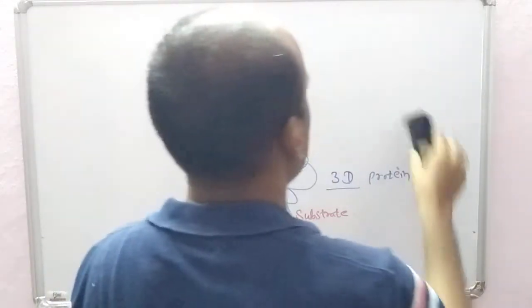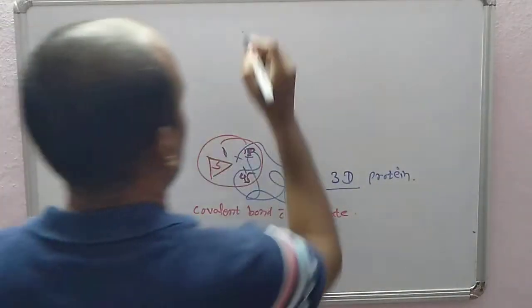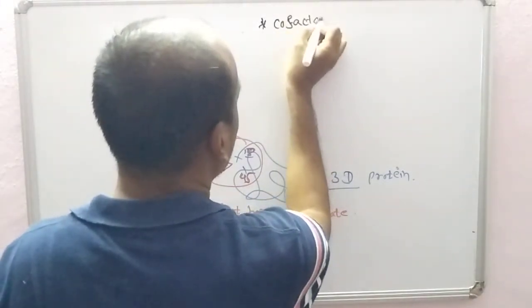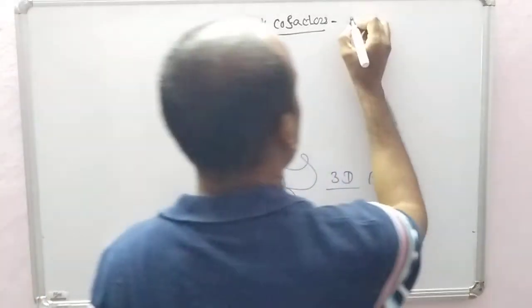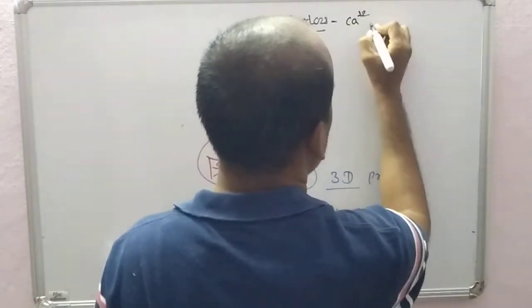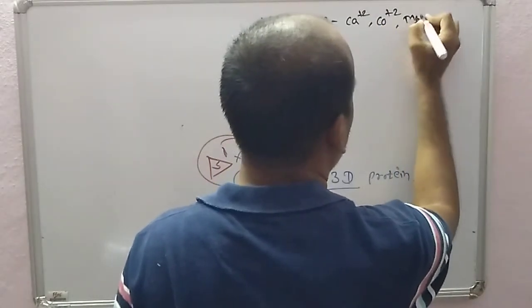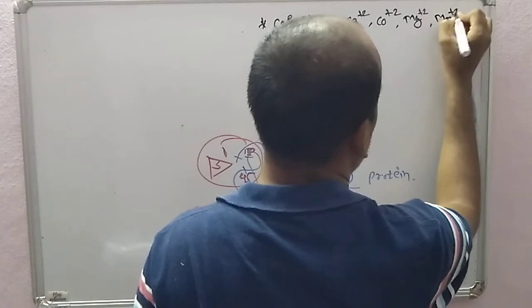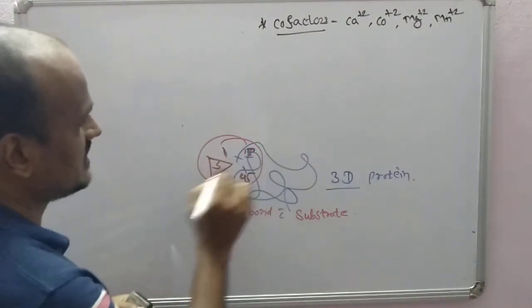Sometimes cofactors are involved. As we discussed, cofactors are ions like calcium 2+, cobalt 2+, magnesium 2+, manganese 2+. These molecules act as cofactors.